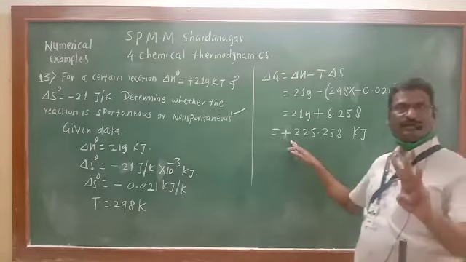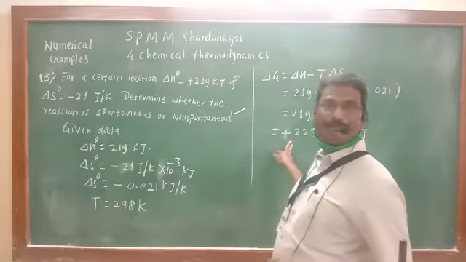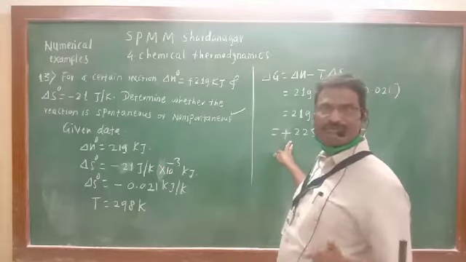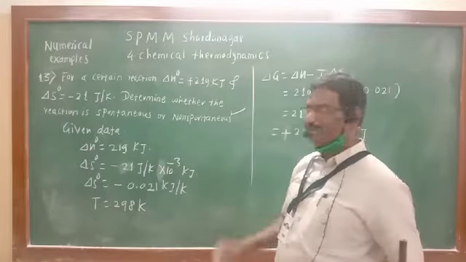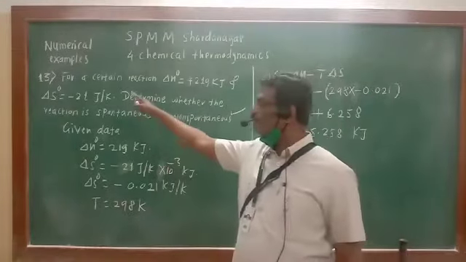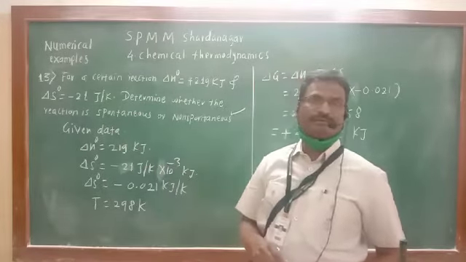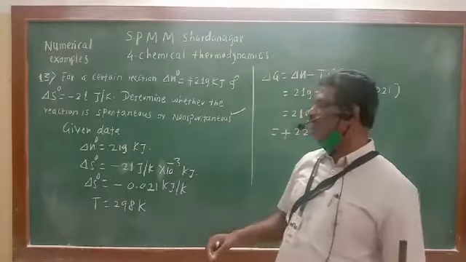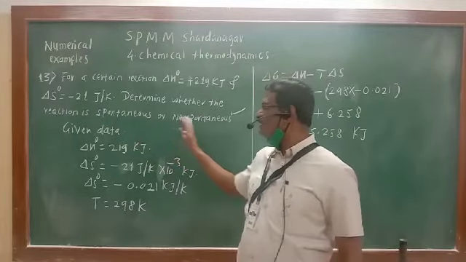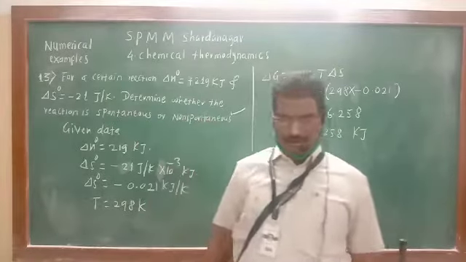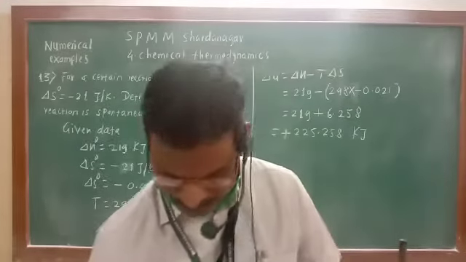From all these three type of values, the process is non-spontaneous at any given temperature. So this is about the question number 13, and we can predict it without any calculation about the spontaneity or non-spontaneity of the chemical reaction.